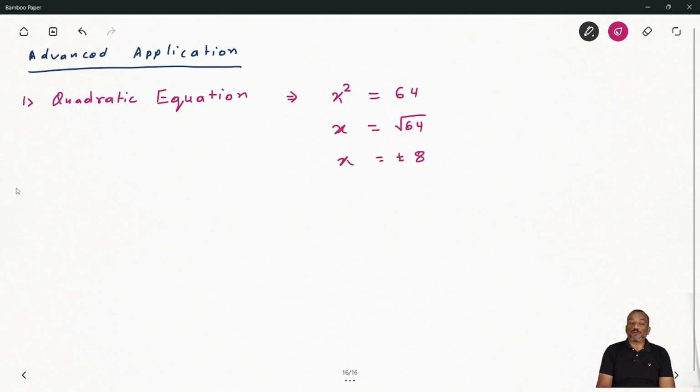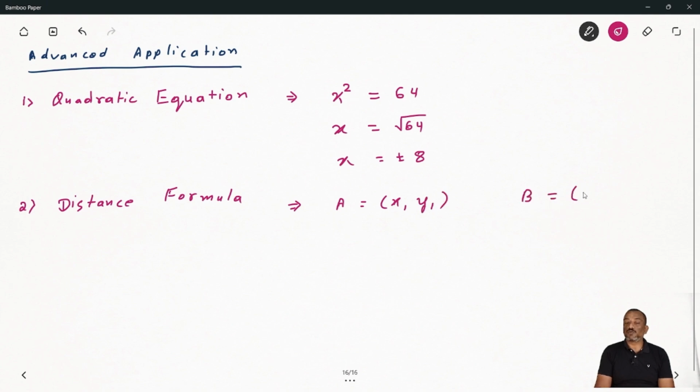Now the second chapter is the distance formula. You have the distance formula in physics and also in math. Suppose A is a point (x1, y1), and B is a point (x2, y2). To find their distance we use a square root formula.